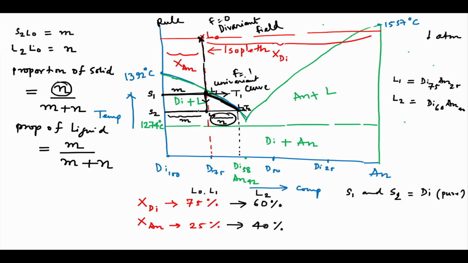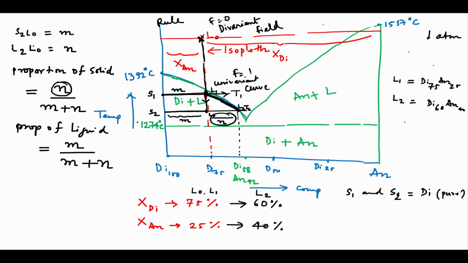So, the solid compositions S1 to S2 are both pure diopside, but the difference from S1 to S2 is that the proportion of diopside is varying. So, you are producing more diopside when you go to lower temperature, and your melt is also progressively becoming more enriched in anorthite.